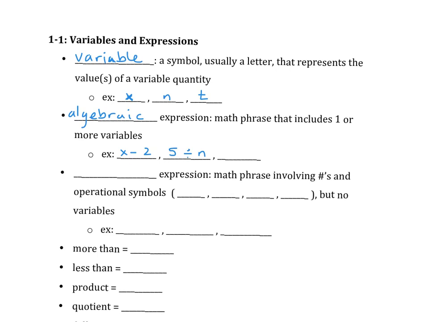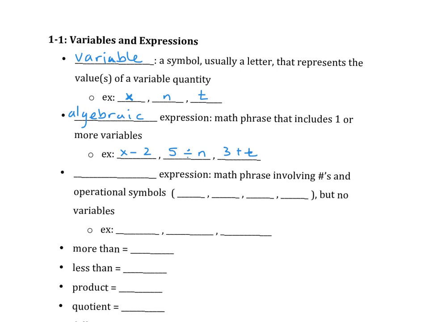If those are both algebraic expressions, can you think of another option? Yeah, Brooklyn. 3 plus t. 3 plus t would work. Okay, so those are algebraic expressions. They have numbers, they have variables, and we're just putting them together with some operation. Addition, subtraction, multiplication, division. Okay.